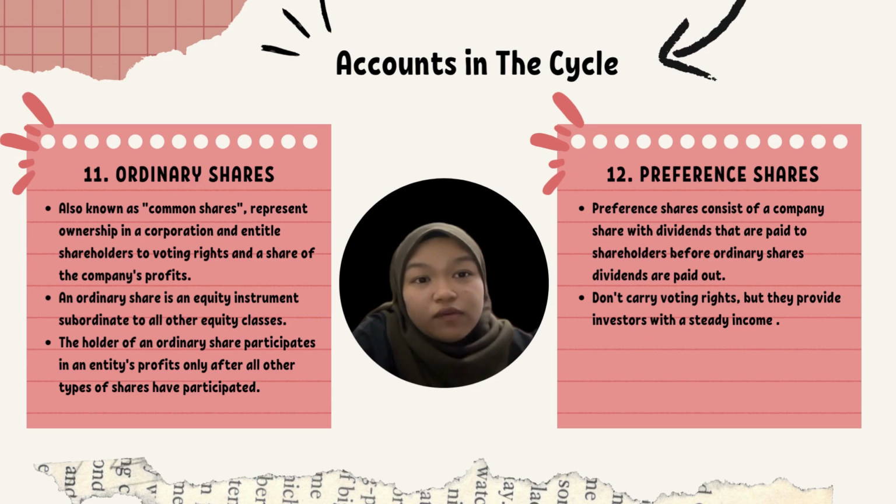Additionally, in the event of liquidation or winding up of the company, preference shares have priority over the ordinary shares in terms of receiving their investment back. However, preference shares typically do not carry voting rights, meaning that the holders of these shares usually do not have any say in the company's decision-making processes.